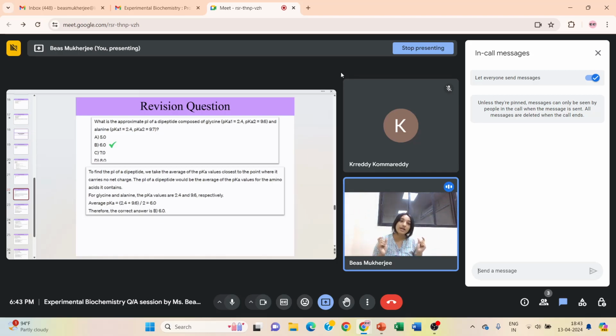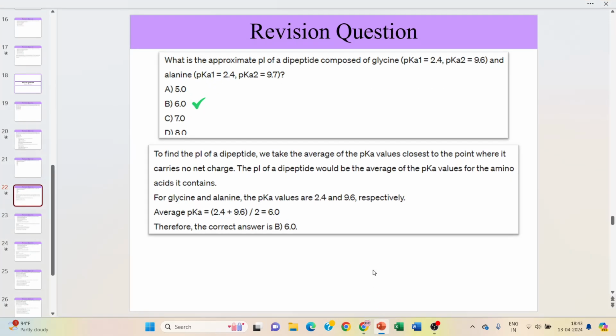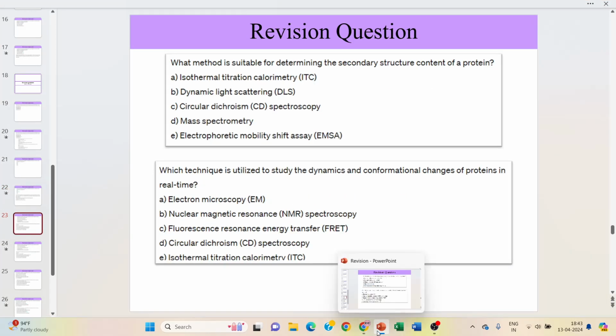So 2.4 and 9.6, you get the average, and that is your isoelectric point. So always for solving these kind of questions, please make sure that you draw the diagram first. As soon as you draw the diagram of the dipeptide, it will become very clear to you. Okay, let's move on to the next question.